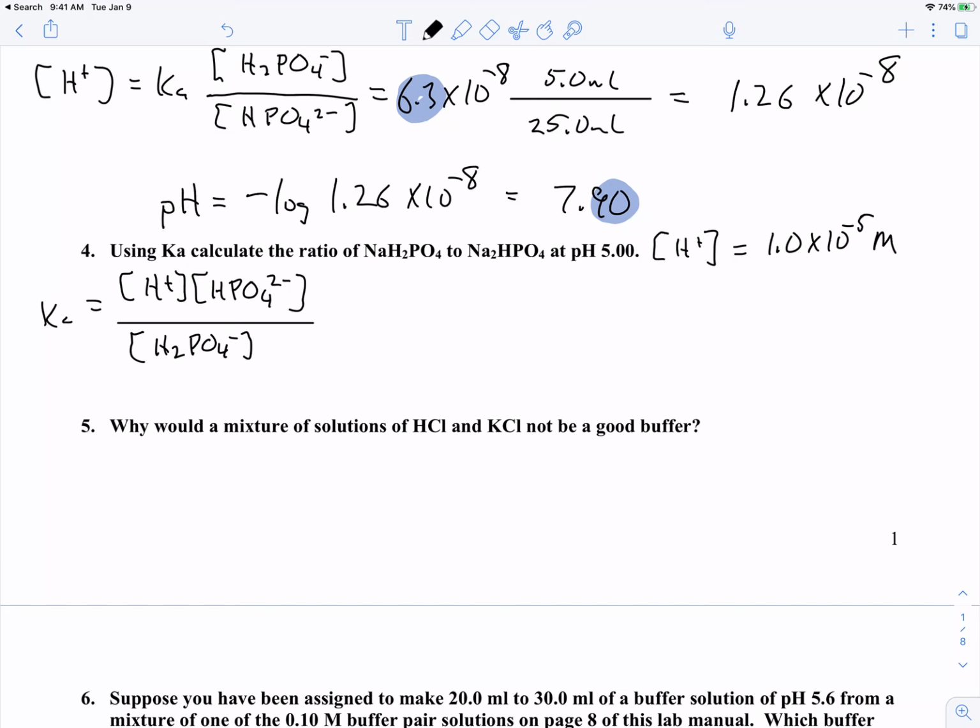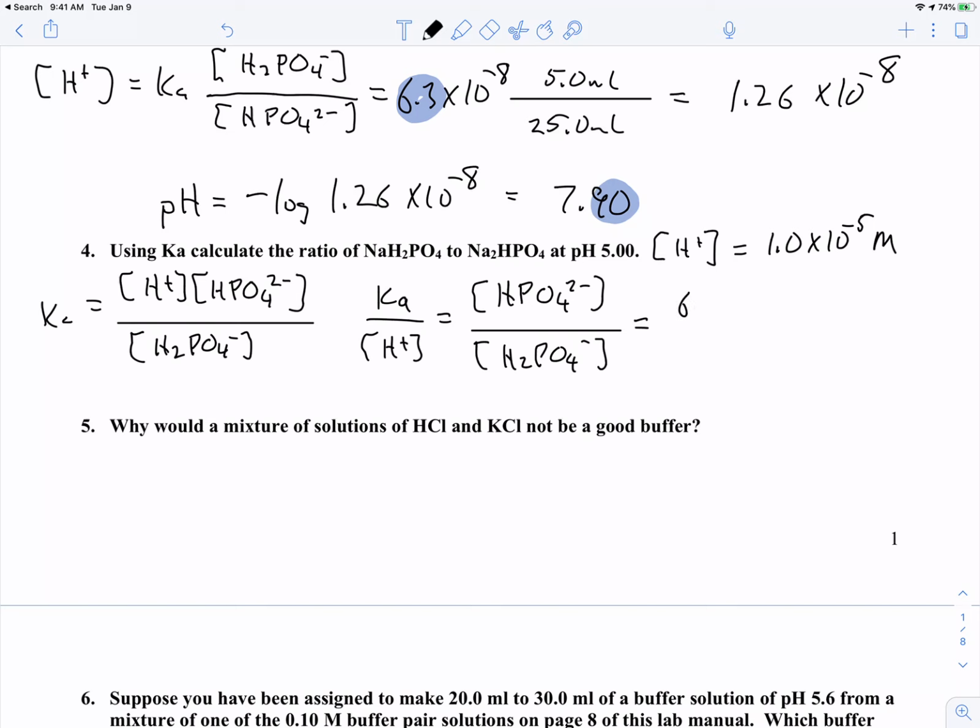All right, let's rearrange that. If we put Ka over the hydrogen ion concentration, that's going to equal HPO4 over H2PO4.